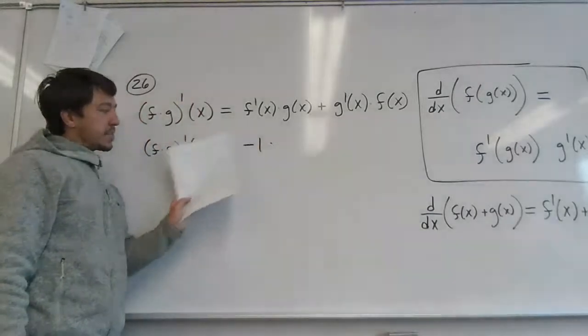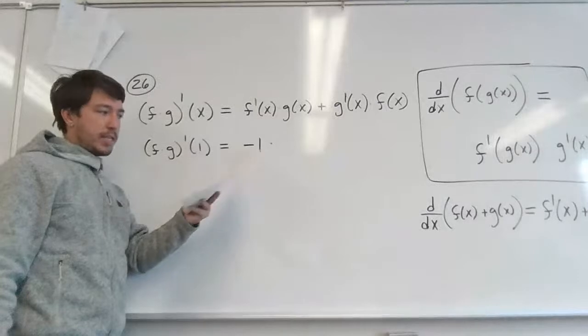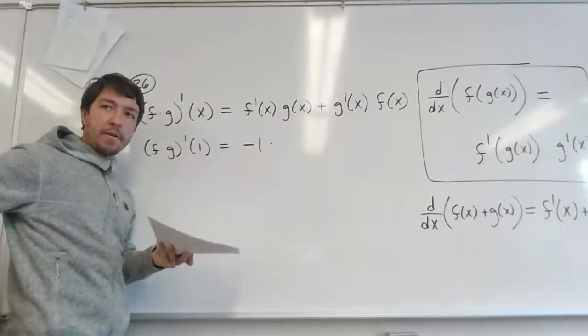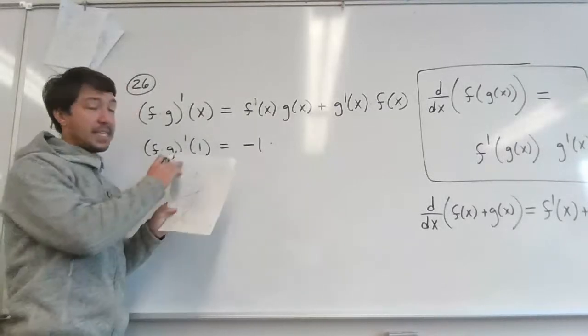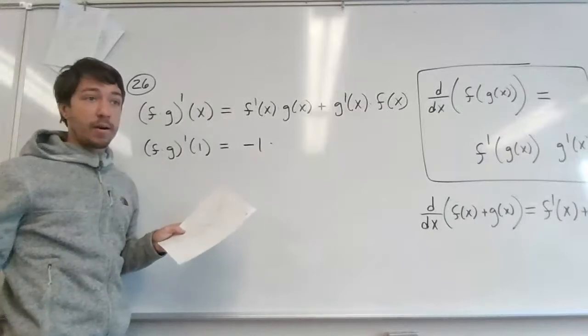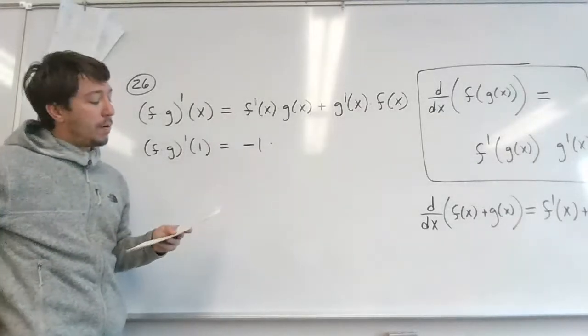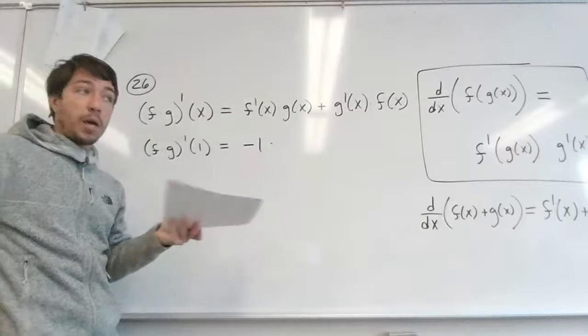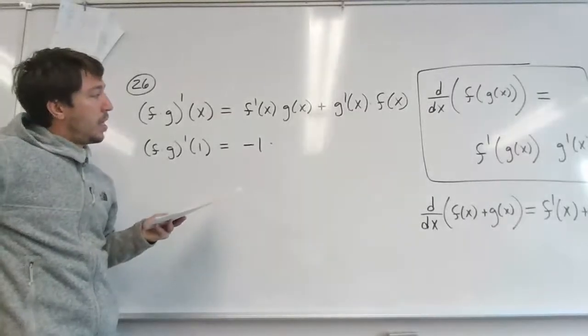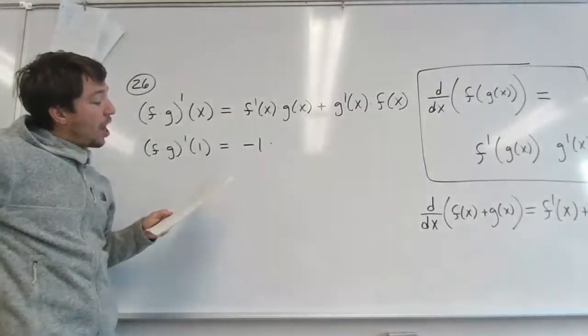Let's make sure we understand what that's asking. F prime of 1 is just, what's the slope of the F graph at 1? Well, it's a line, so it's the same slope everywhere. Yes. So the slope of that line is -1. Okay, done. How about G of 1?